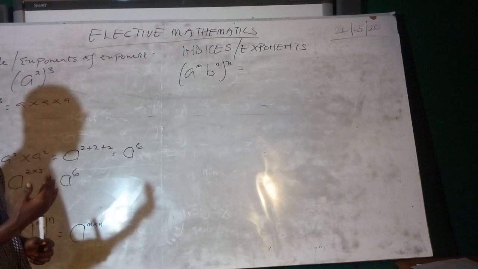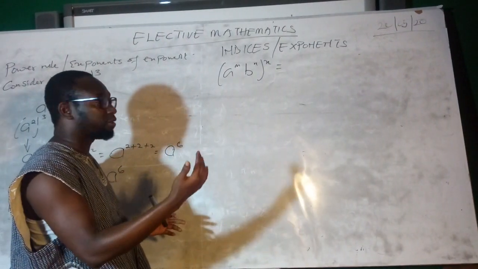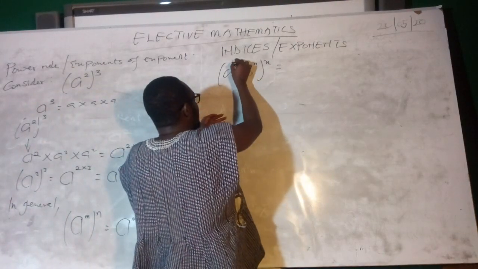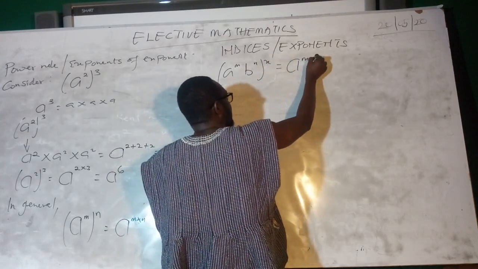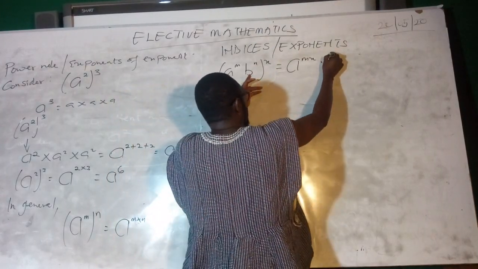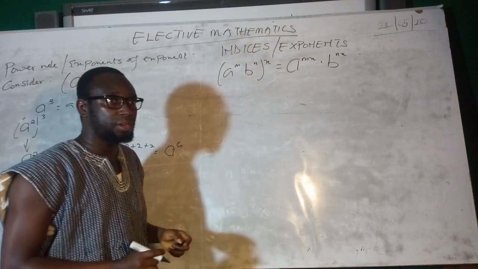a exponent m times b exponent n all raised to an exponent of x, this is simplified as we take the first one, a exponent m, then you multiply by this x, times, then we take the b exponent n, then you multiply by the x over here.